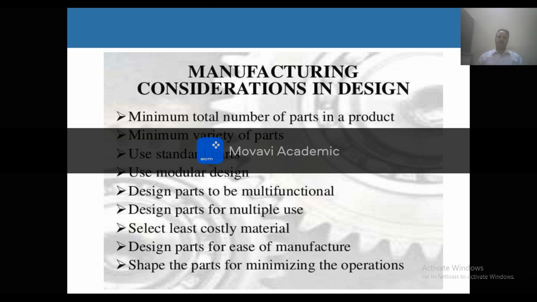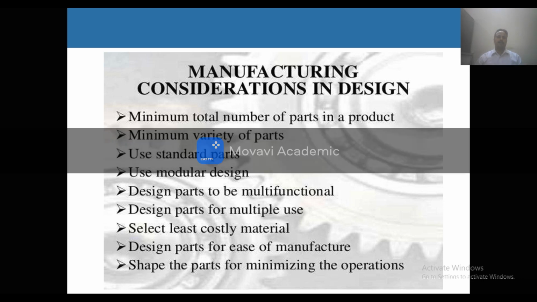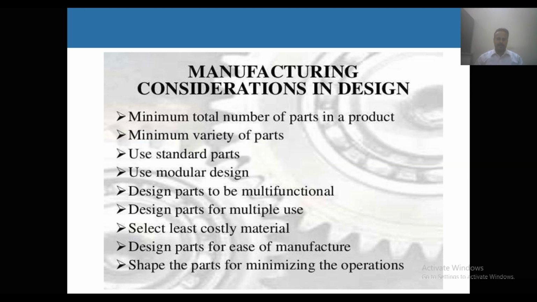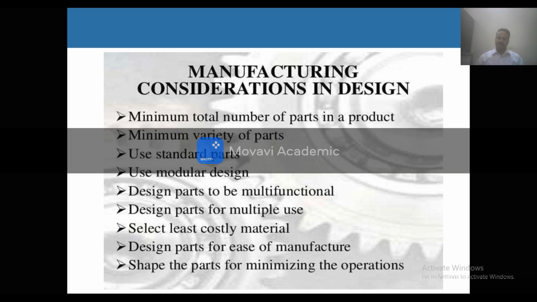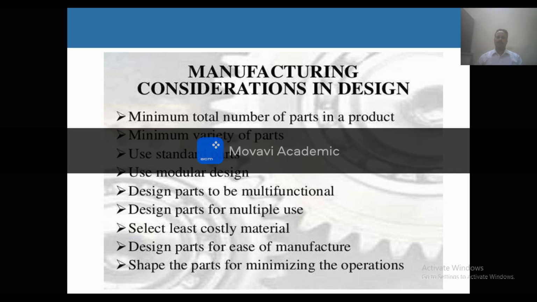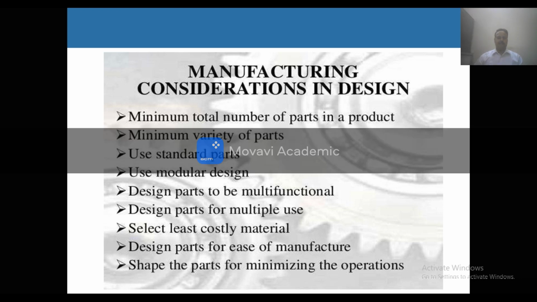The design parts should be of multiple use. We should select the least costly material. Obviously, if the cost of the material increases, the cost of the product increases as well. And the design parts should be easy to manufacture, and the shapes should be such that they minimize the number of operations that are required in manufacturing the product.